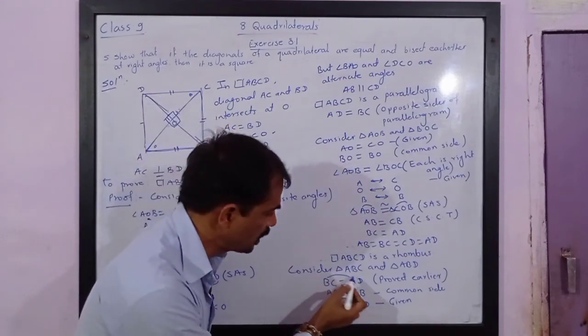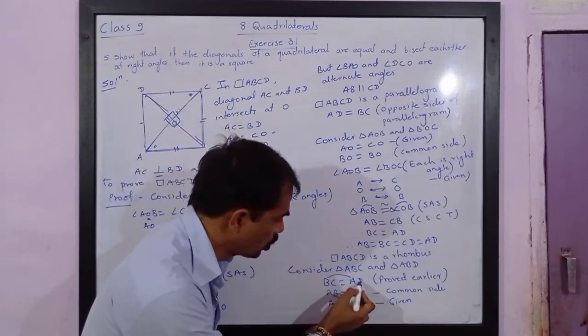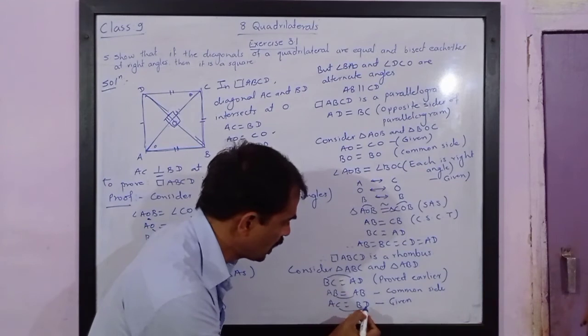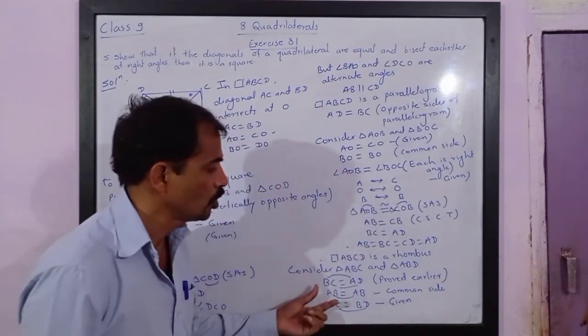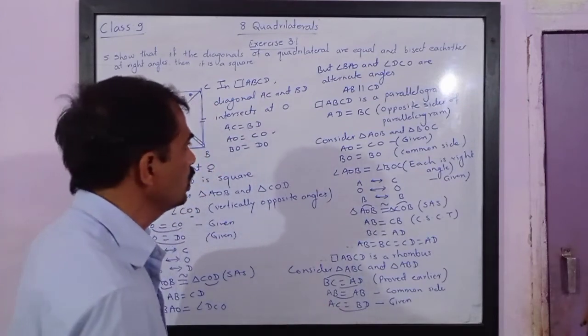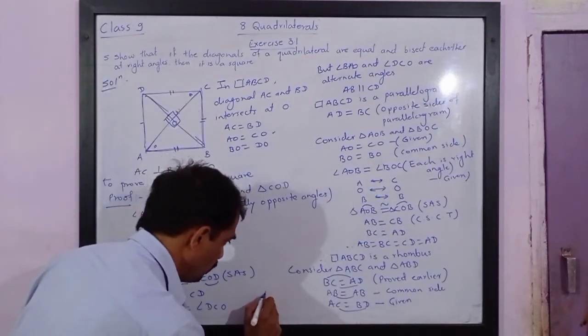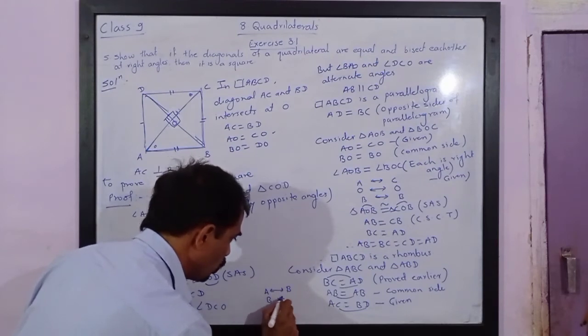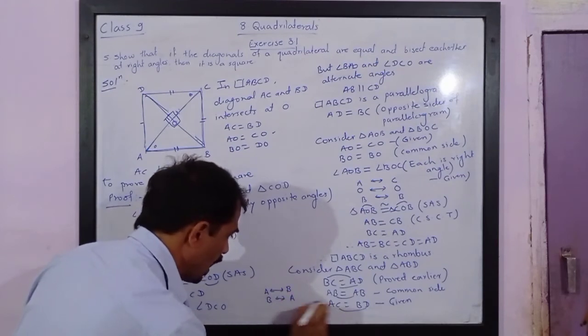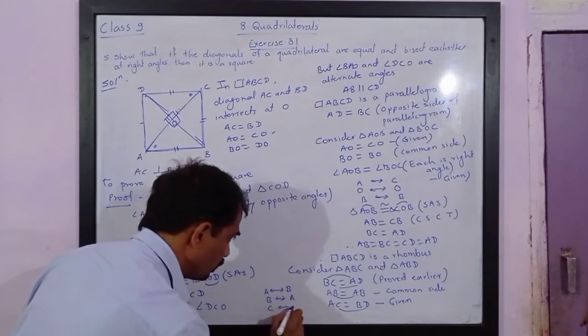So if B corresponds to A, then C corresponds to D, and if C corresponds to D, then A will correspond to B. So watch carefully. I have got A corresponds to B, B corresponds to A, and C corresponds to D.